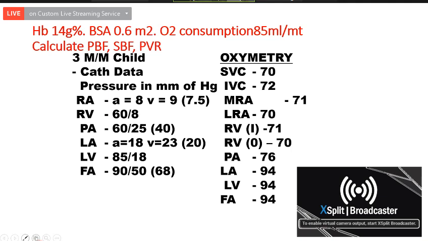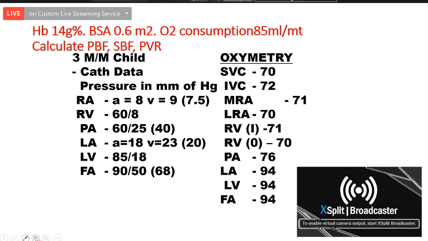For example, if there is a right to left shunt from the right ventricle to the left ventricle, desaturated blood is reaching the left ventricle. And if the oxygen saturation in the pulmonary vein, left atrium is 98 or 99, and the oxygen saturation in the left ventricle is 92, then we know that there is a right to left shunt. So here it is 94, 94, 94. There is no step down, whatever we can make out. But the oxygen saturation is definitely on the lower side. Okay, right. Yes.